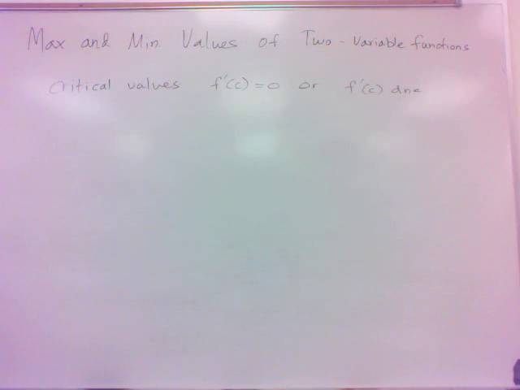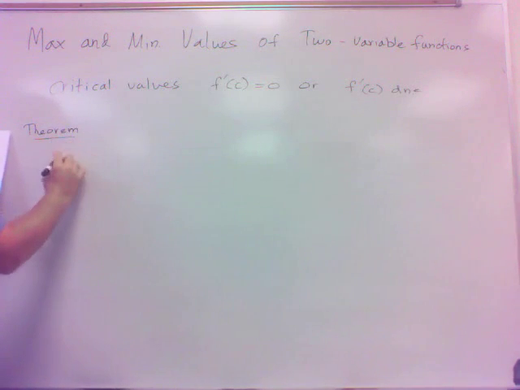Well, it turns out that for local maxes and mins for your two variable functions, z equals f of x, y, the critical points, you look at the partial derivatives. And let me just state this. This is the theorem right here that we'll use.